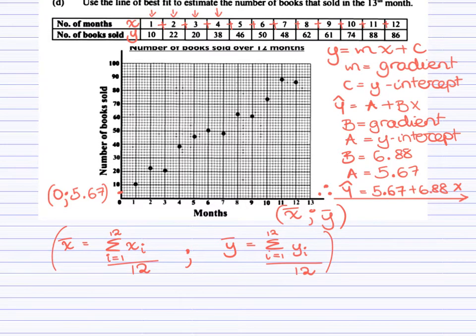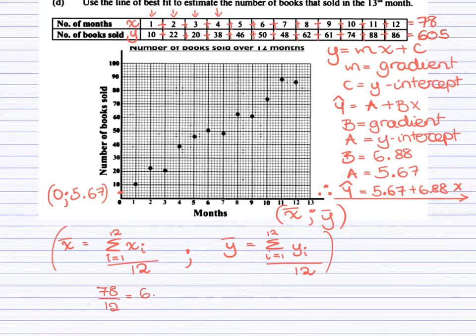And for the y values, same thing. We would add them all together and divide by 12 to get the mean of these values. Once you have done that, the total of the x values is 78, and we need to divide that by 12.